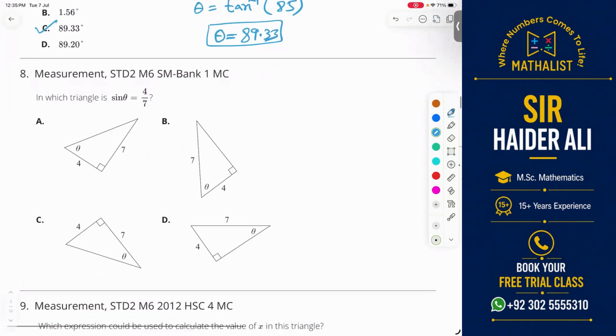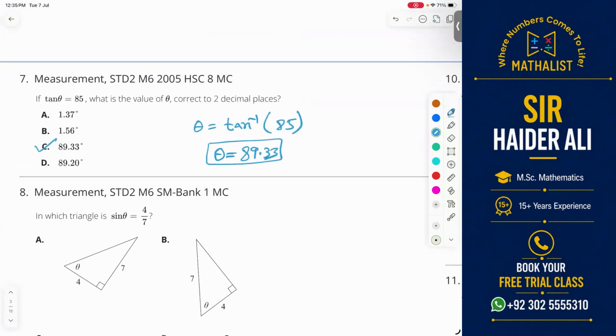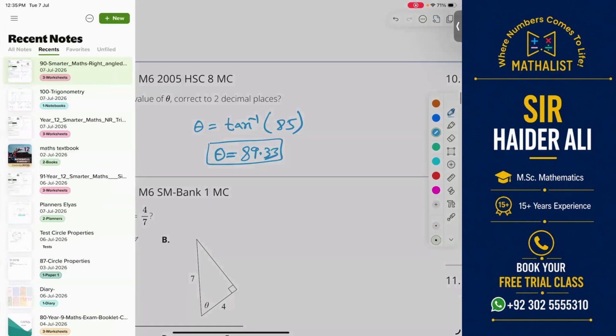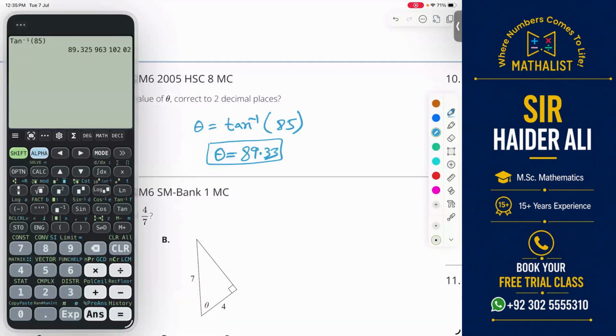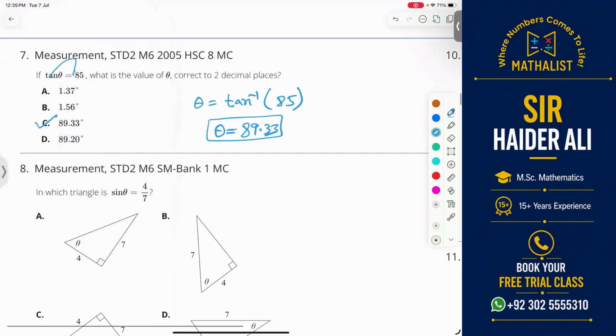Clear? Can I look at it one more time? It's very easy. Just 10 moves to the other side, and then use the calculator. 10 over 85. The calculator should be in degree mode. Okay, clear? Yeah, it's clear.